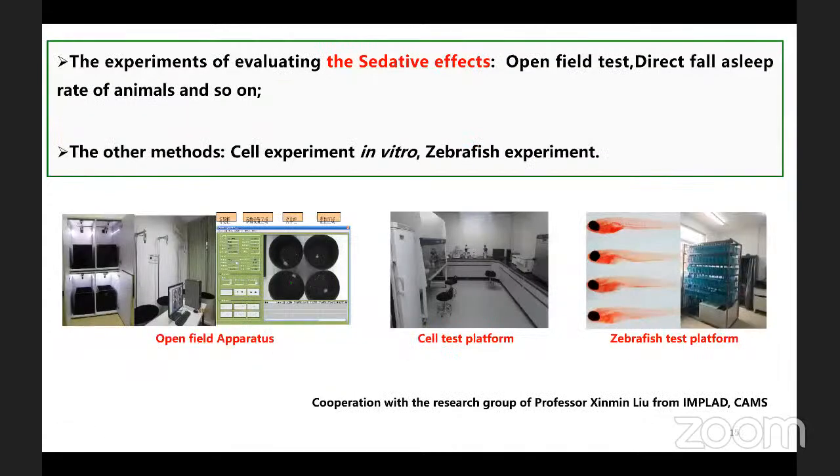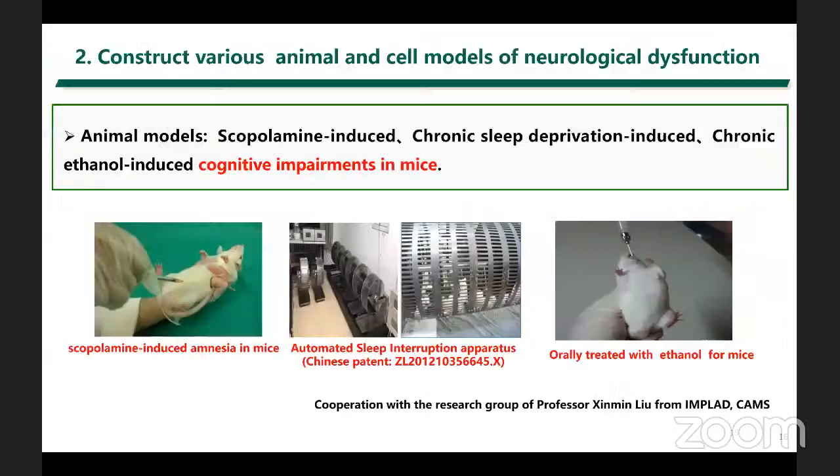Also, we can use open field tests and the sleep rate of animals for evaluating sedative effects. We also conducted cell tests and zebrafish tests for screening the functional factors.